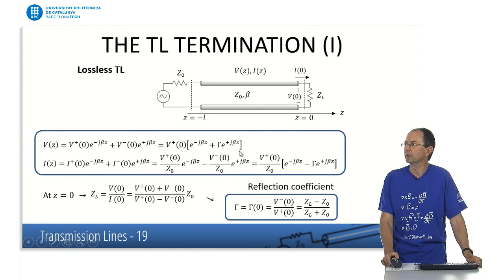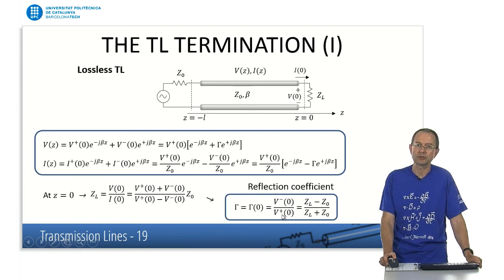If we play with these two equations and take into account the relationship between voltage and current at the termination load or impedance, we can calculate the reflection coefficient, which is the ratio between the reflected and the transmitted wave along the transmission line. And this depends on the termination and characteristic impedance of the transmission line itself.